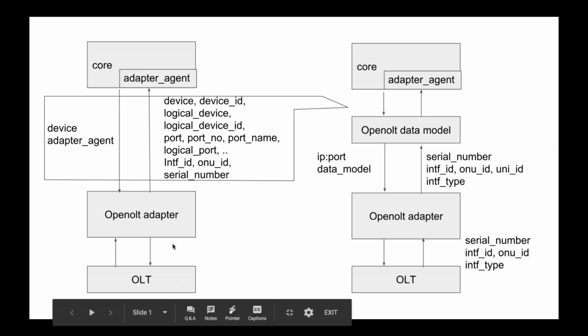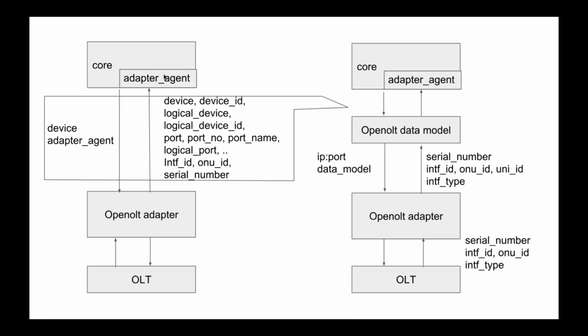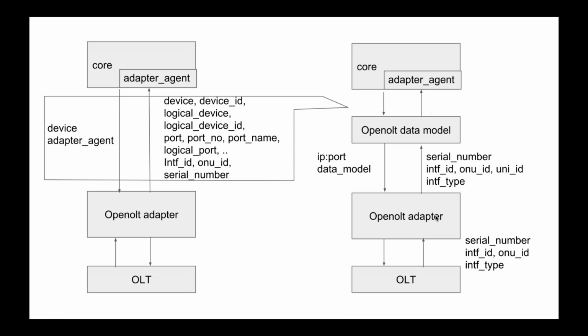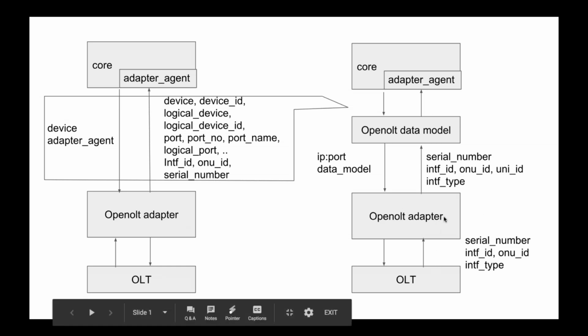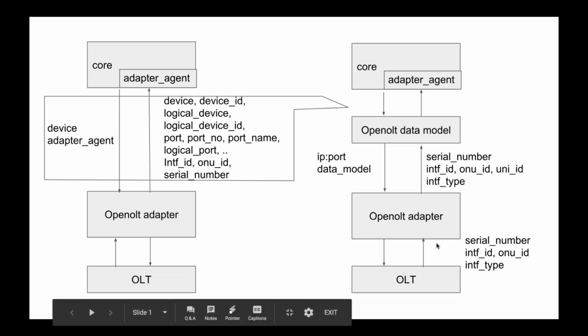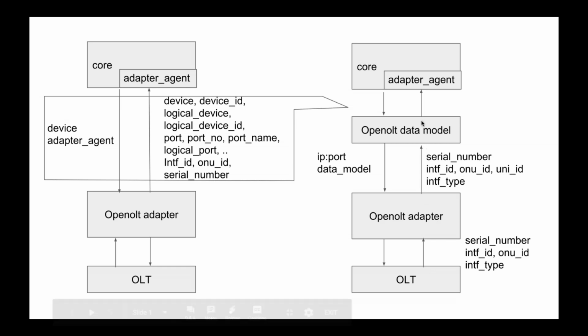You get an indication that something happened on an ONU, and then you fetch things, give me the device, and then you do something on the device and then update the adapter agent. This interface is a bit closer to the kind of indications that come from the physical device, where I discovered an ONU, so this would be an ONU discovery indication going up with the interface ID and an ONU ID, and then it's up to the data model to fetch the device from the adapter agent and do whatever to it, like set its status and then update it.